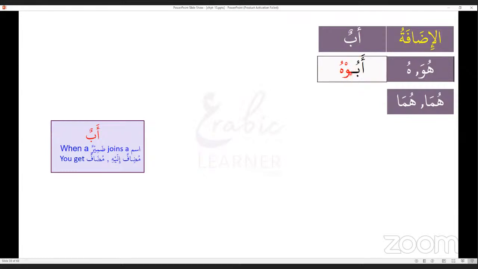This might be confusing to you because ideally the rule is that the damir is directly attached to the ism. That's how other ism is. For example, kitabuhu. Ideally, it is kitabun. If I want to say his book, I will say kitabu and directly attach hu to that, kitabuhu. But these nouns act differently.